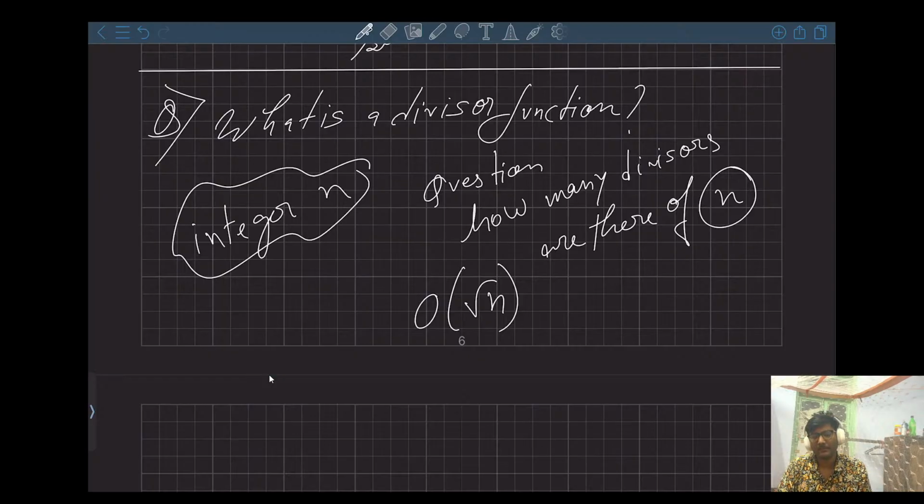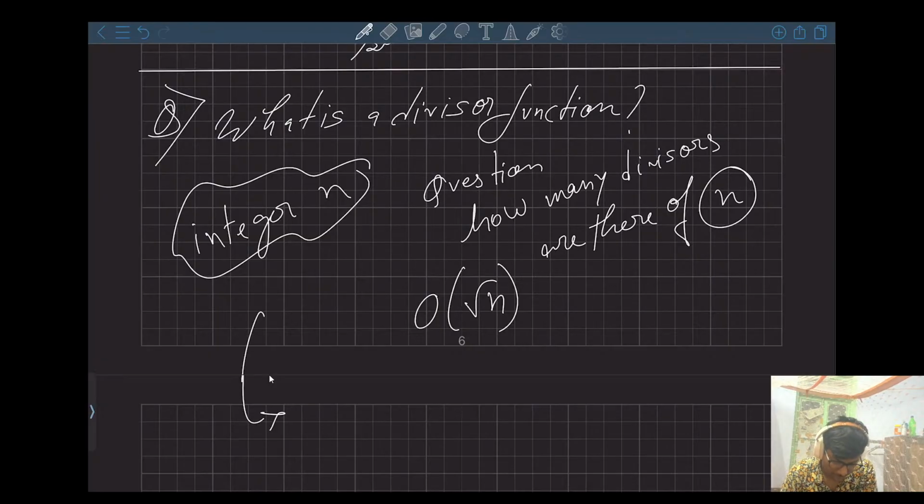Since divisors come in pairs, one thing I want to mention, this is the divisor function. Higher variants of this are not very important, but you can look it up.